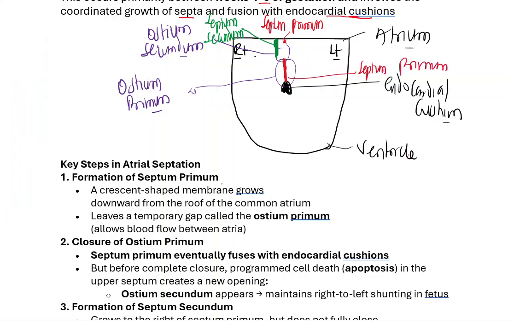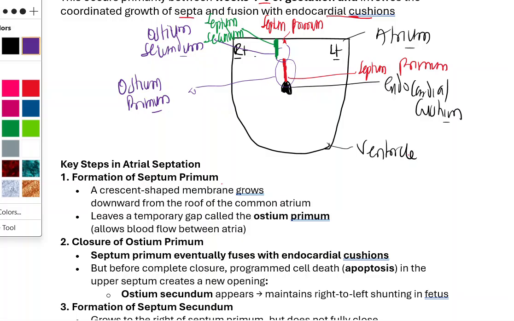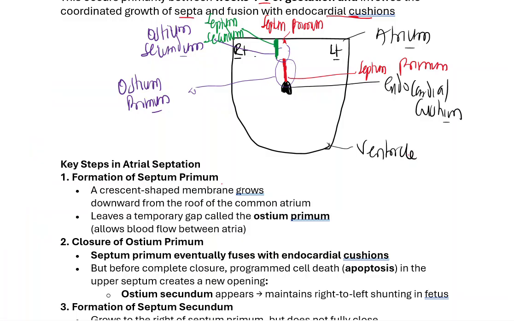The opening now between the septum secundum and septum primum is what we call the foramen ovale. And that's how we form the atrial septation. So now we have the right atrium and the left atrium.